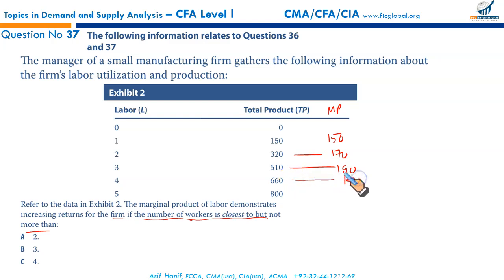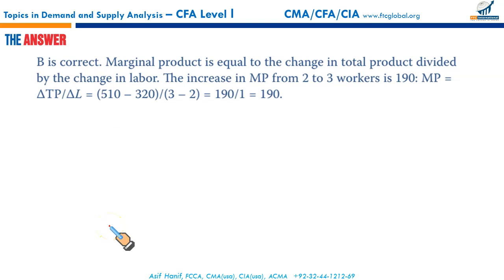And 800 less 660, it's 140. Well, you can see the highest marginal product is at the 3 level. So the marginal product will demonstrate increasing returns for the firm if the number of workers is closest to but not more than 3. That makes B the correct option, and hence it ends the topics in demand and supply analysis.